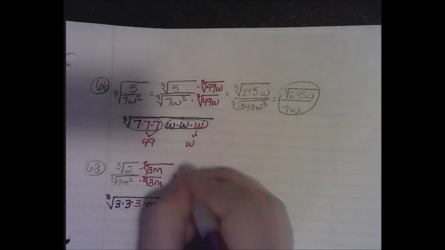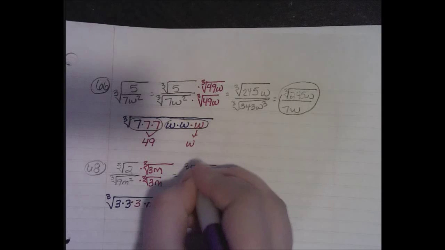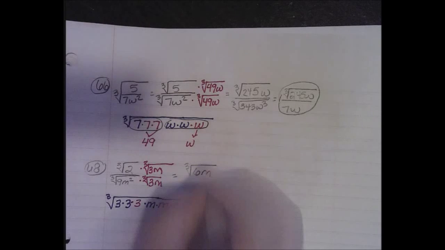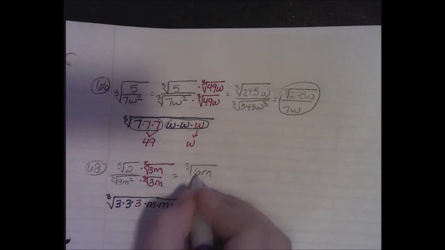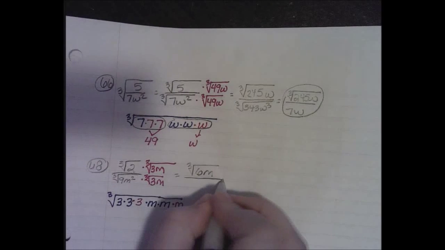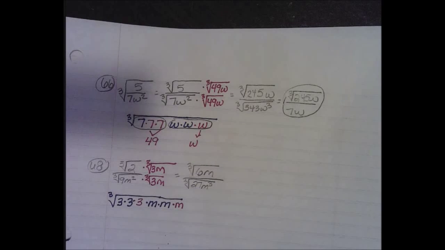So I now have the cubed root of 6m, because 2 times 3 gives me 6, over the cubed root of 27m to the third power.